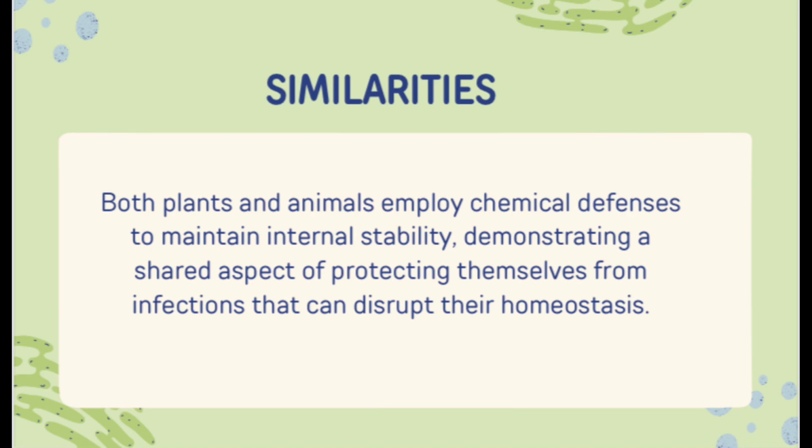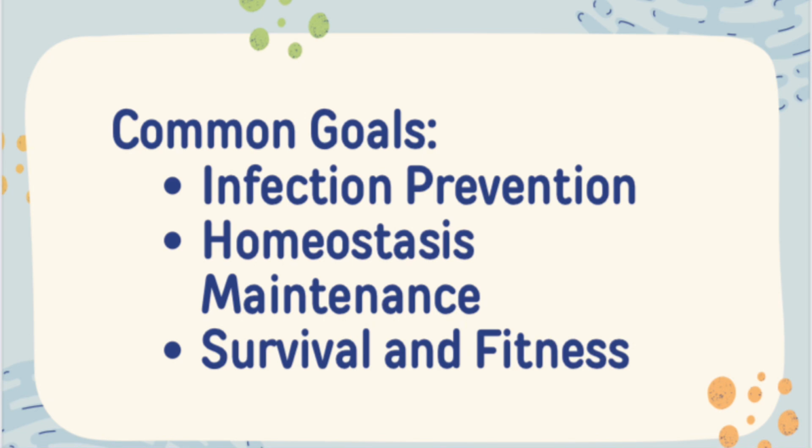Plants and animals share similarities in chemical defense mechanisms to maintain homeostasis and protect against infections. Here's why. The first is infection prevention, preventing pathogen entry and colonization. The second is homeostasis maintenance, preserving internal stability and physiological balance. Third is survival and fitness, ensuring continued growth, reproduction, and adaptation.